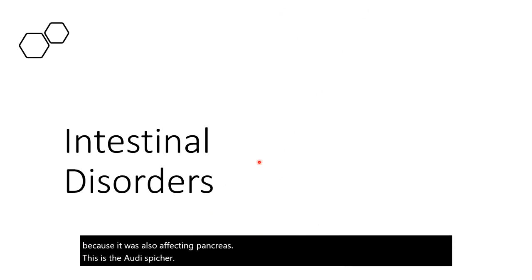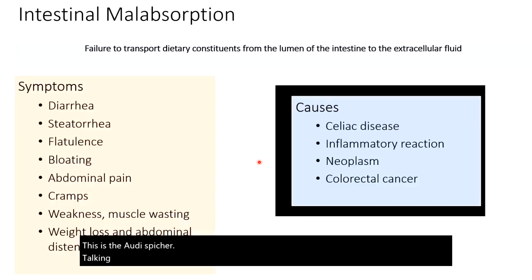Talking about intestinal disorders, we have one very common nowadays that's called intestinal malabsorption. It's characterized by something in the lumen that cannot be transported inside the intestinal cells. It cannot be absorbed.